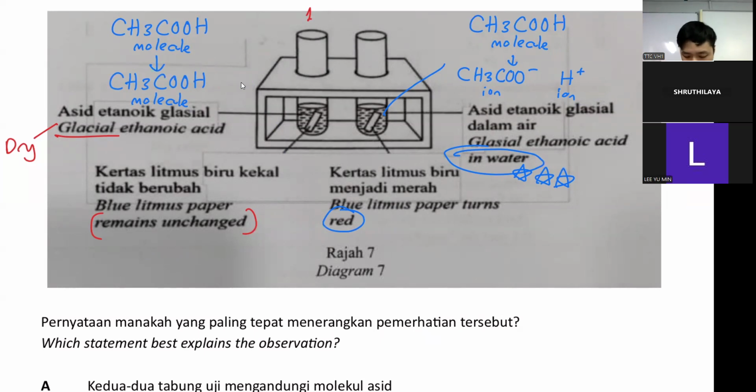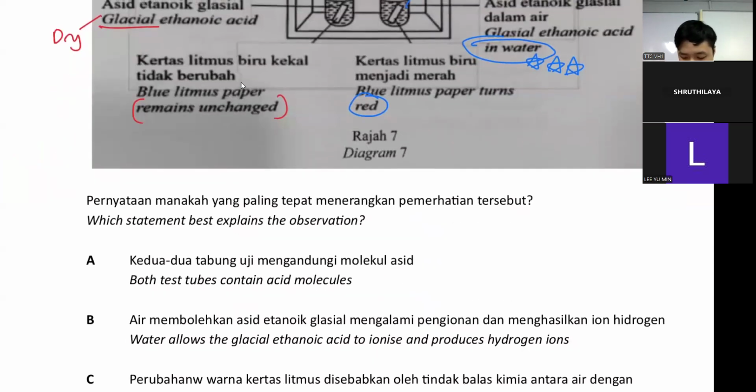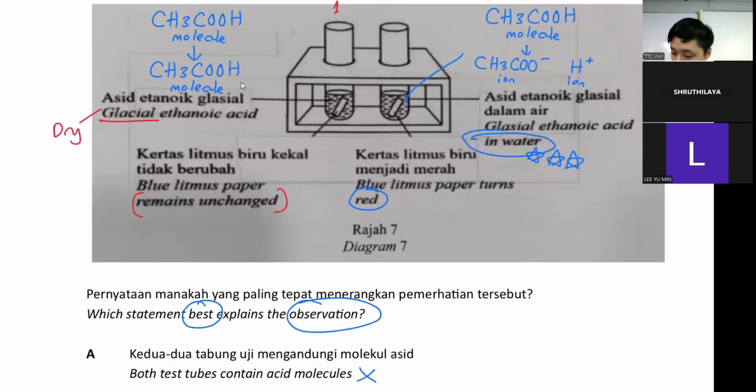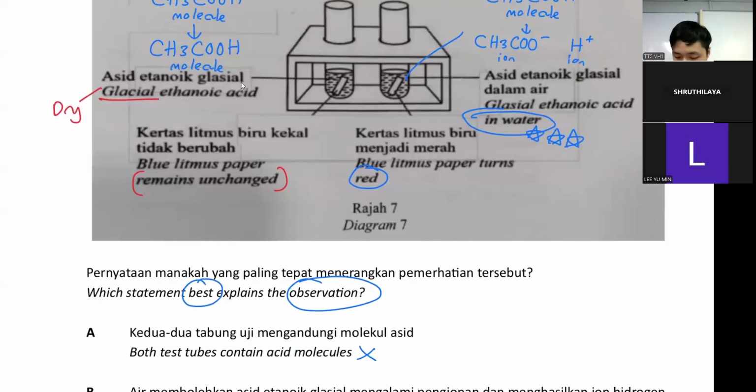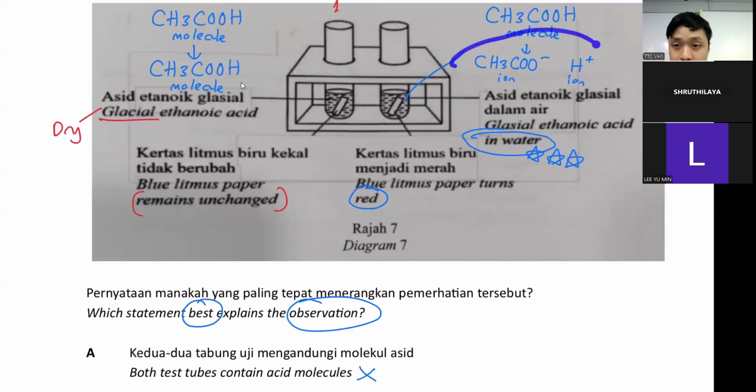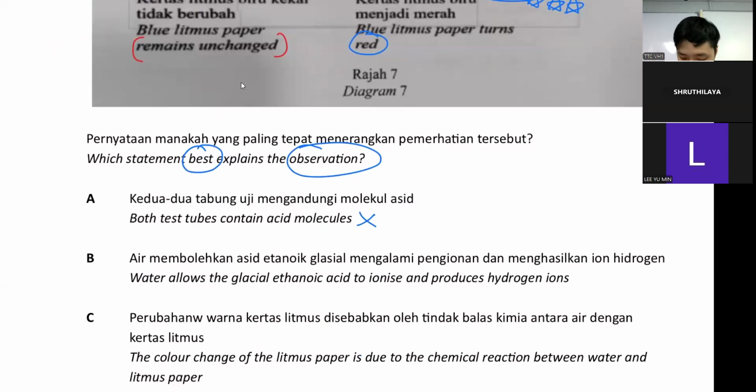So A, both test tubes contain acid molecules, best explains the observation. Of course, it cannot be A, because A turned to ion already.